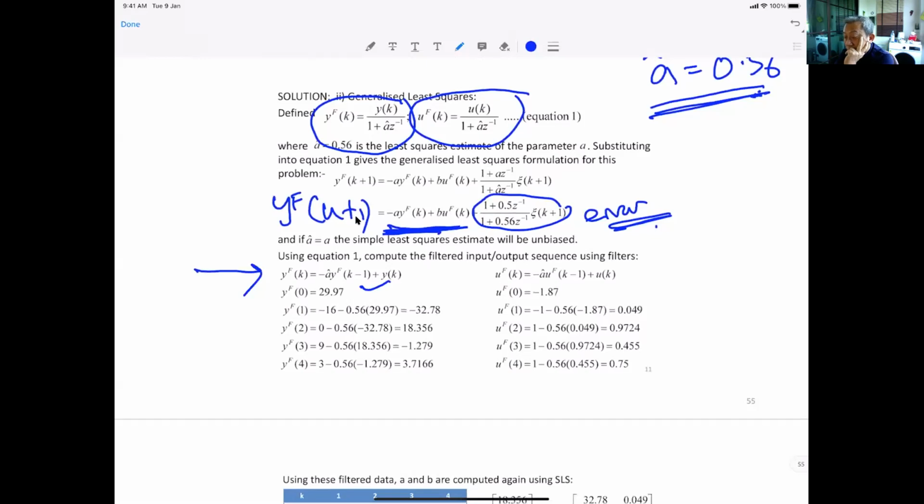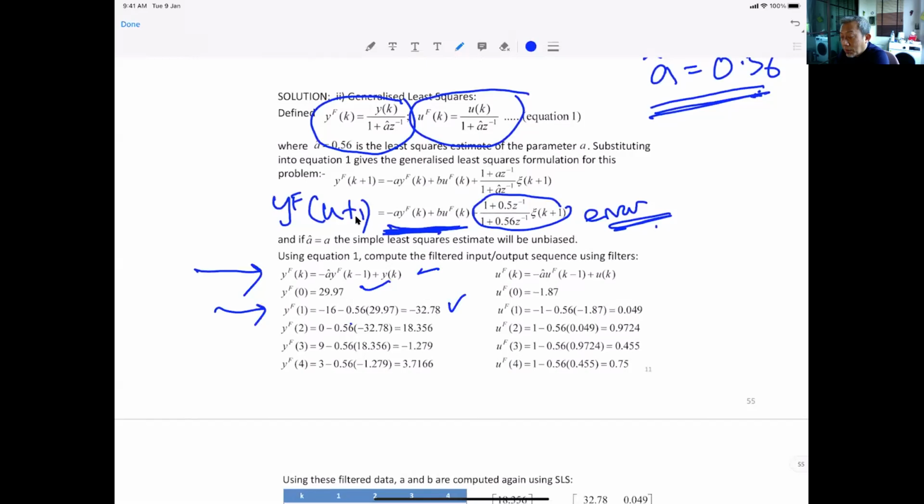So y f1 is minus 16 from the data, minus the A cap times the filtered initial condition 29.97, and you get minus 32.78.